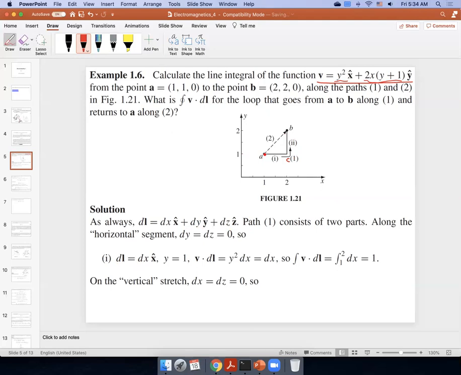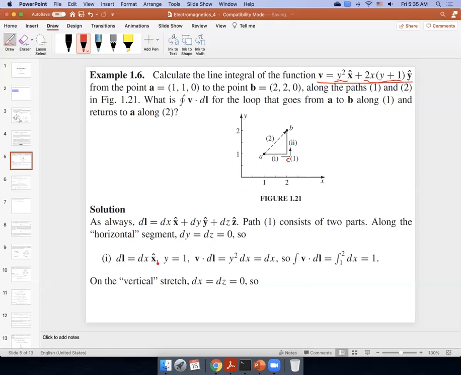Y is a constant. So dy equals 0. Z, of course, is also a constant. It's 0. So dz is 0. Then dl equals dx in x direction because the y and z components are 0. Okay, so now dl is done.